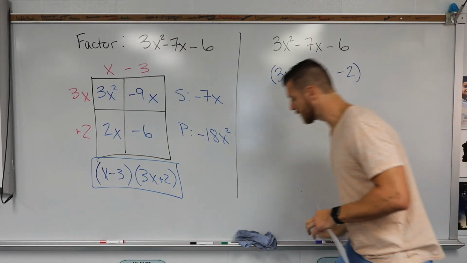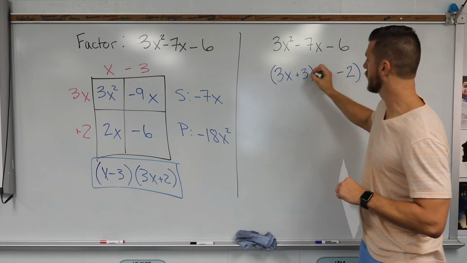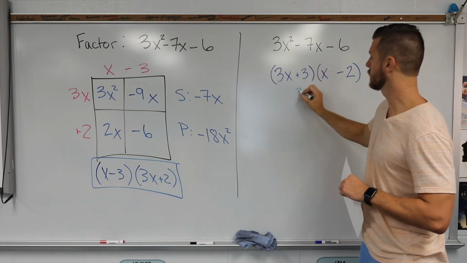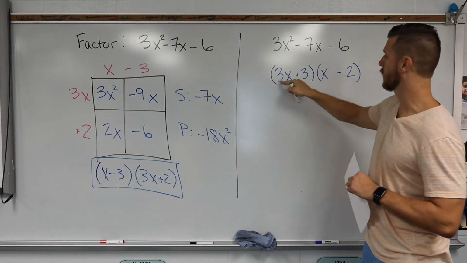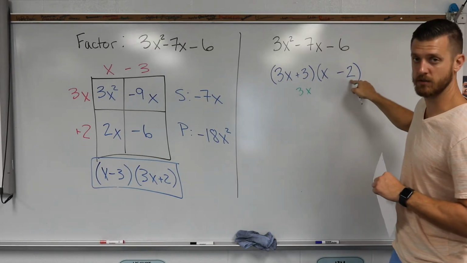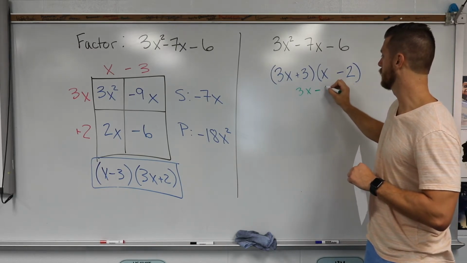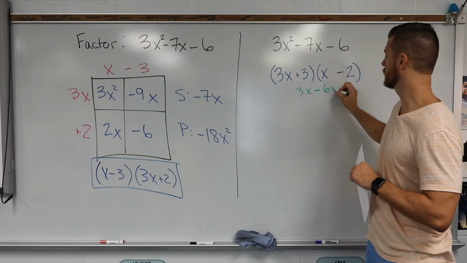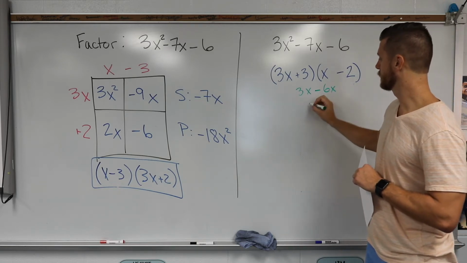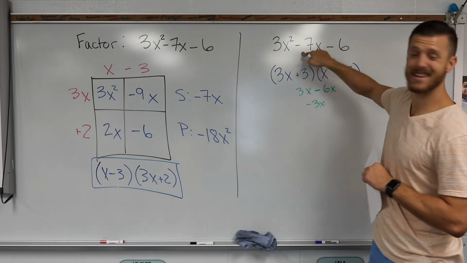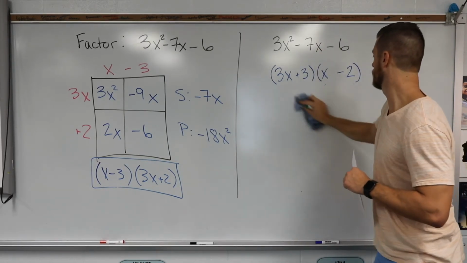But what determines the right answer is what happens when I multiply 3 times the x and the 3x times the negative 2. That's a negative 6x. What happens when you add those together? That's a negative 3x. That is not negative 7x, so that cannot be right.